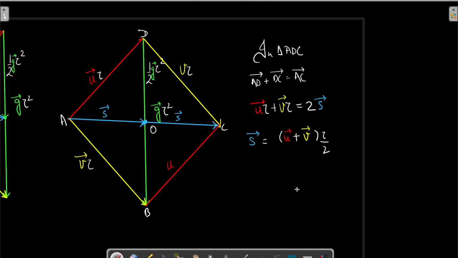V vector in yellow is final velocity vector. So we obtain this particular thing. You can keep in your mind S vector is equal to this thing. Now we'll use it in the other part.